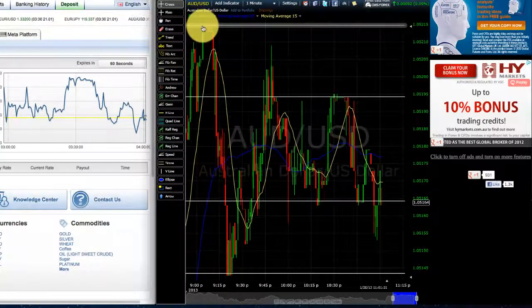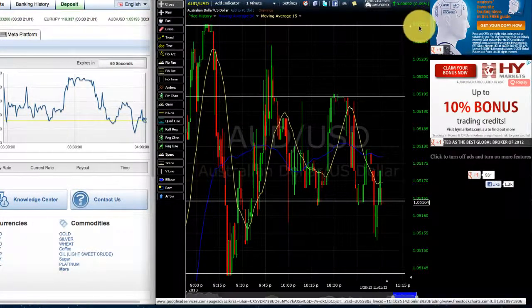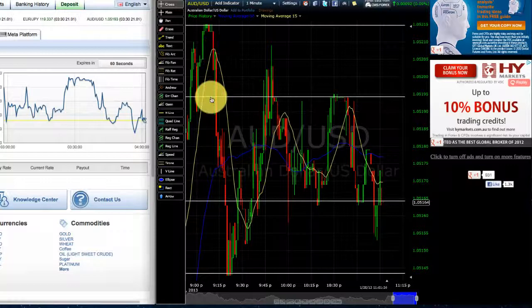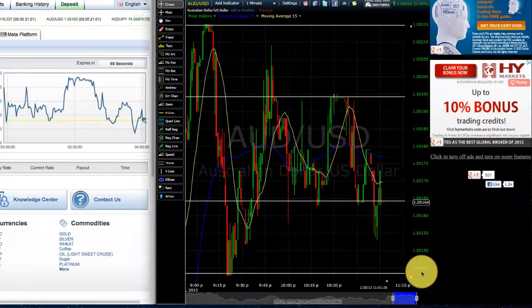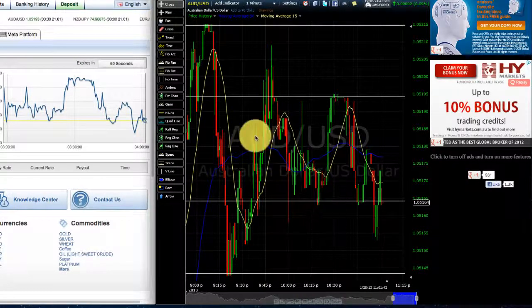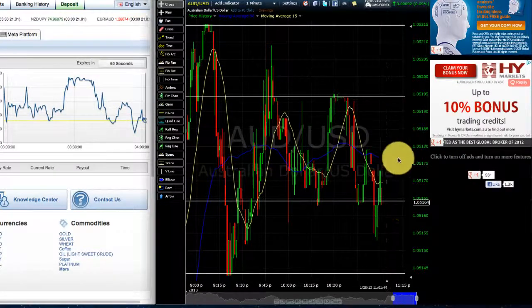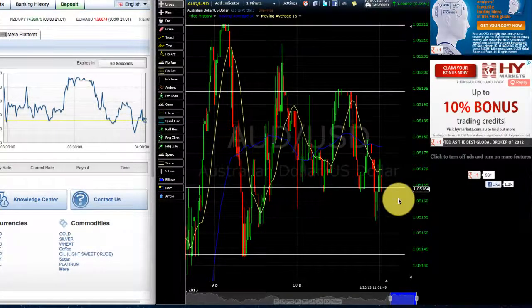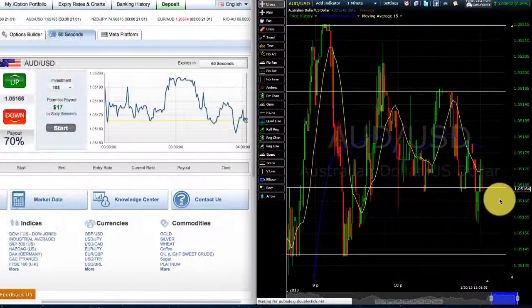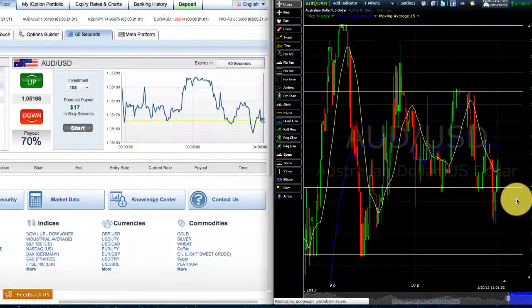For example, up here it doesn't seem to want to go past $1.05, and down here it doesn't want to go below $1.05. And there's also another one in here where it's sort of trading between $1.05164 and $1.05195.